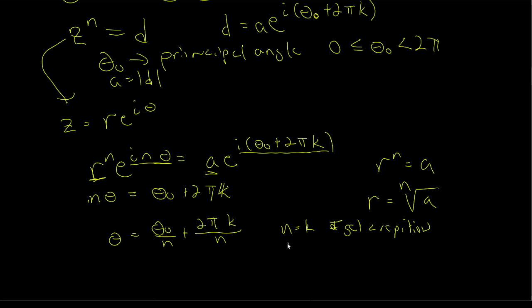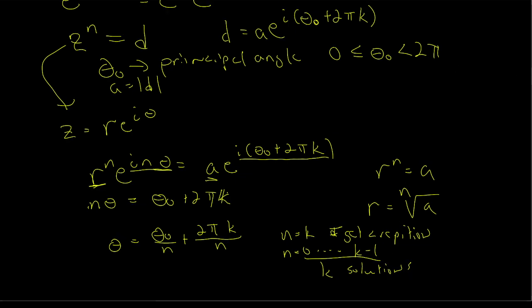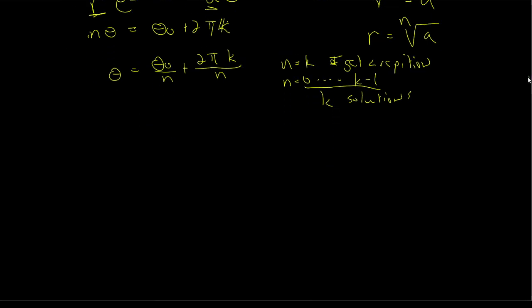And so if we start with k equals 0 and work our way up to n minus 1, we get n solutions. And this is a really nice way of finding some complex roots rather quickly.